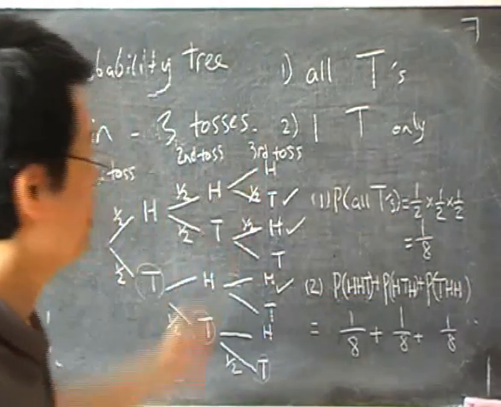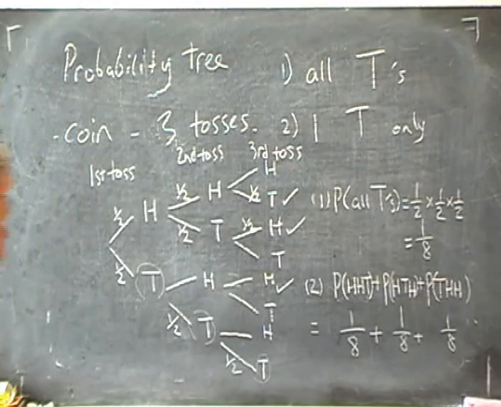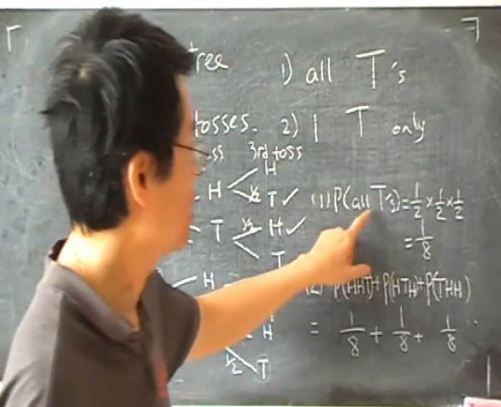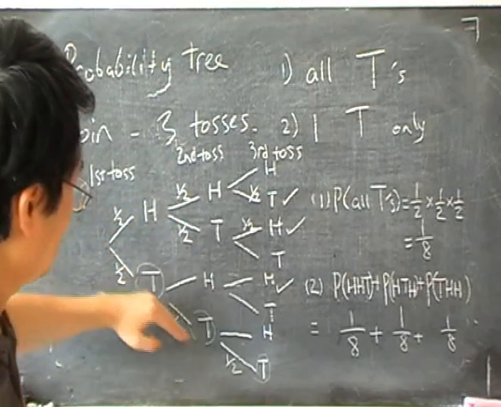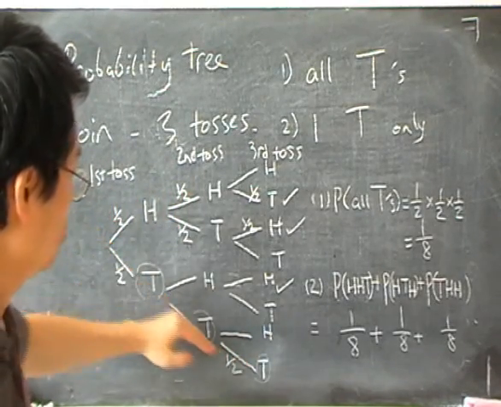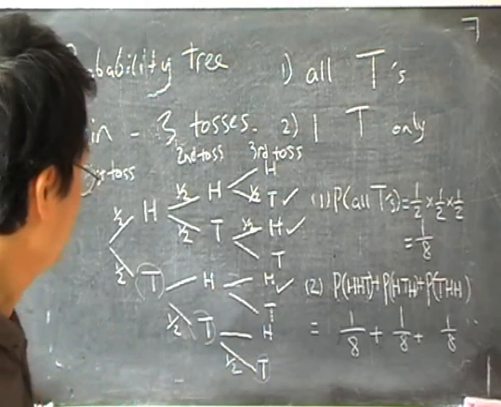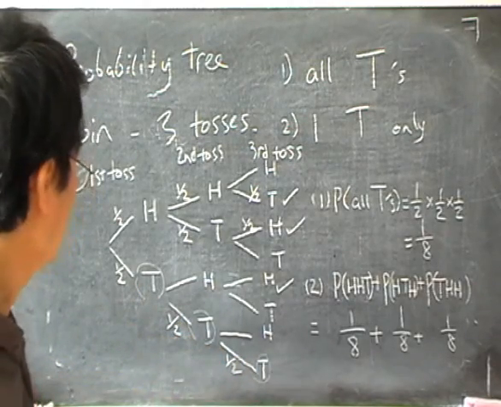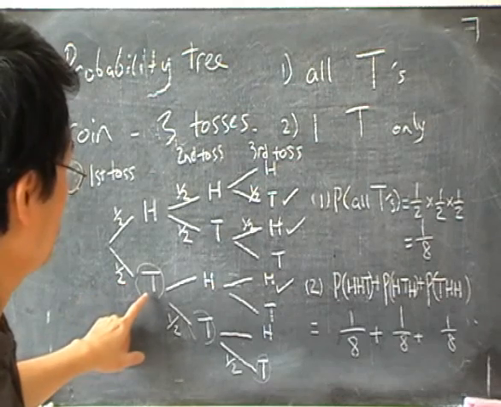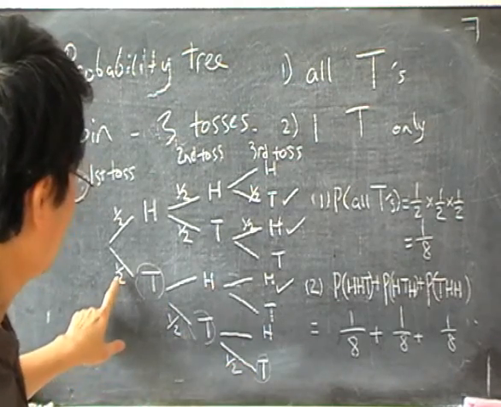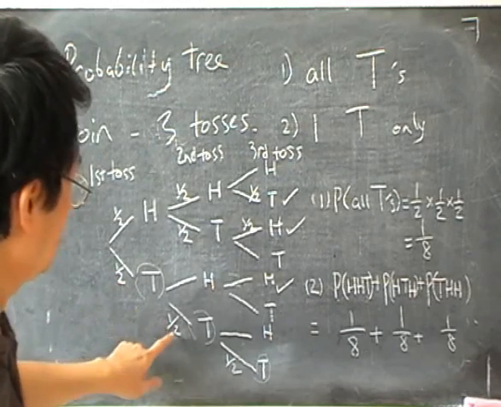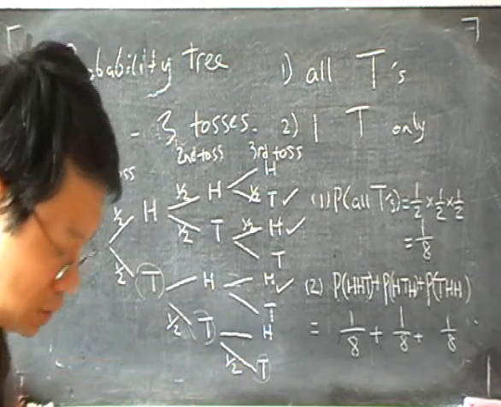So let me go back to the first example, the probability of getting all tails. That was for this particular series of branches, tail, tail, and tail. So I said that to find the probability of getting tail, tail, and tail, I would multiply the probabilities for each of these events.